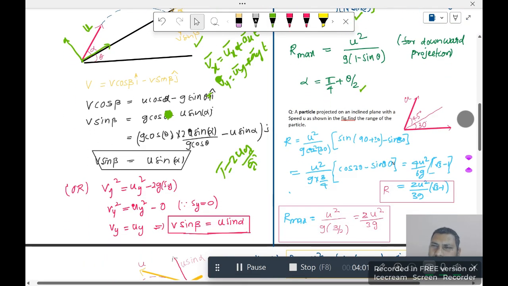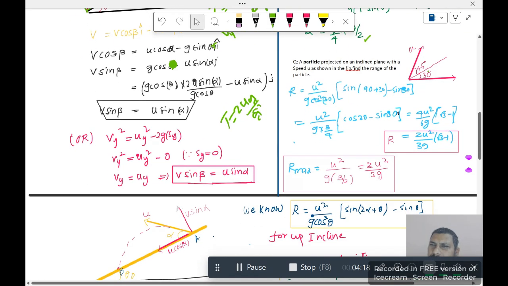Now one problem here: theta is given as 30, alpha is 45. You know the range formula: u square by g cos square theta into sin of 2 alpha plus theta minus sin theta. It is for up inclination, minus sin theta. So remember this. Substituting, we will get the answer 2u square by 3g into root 3 minus 1.